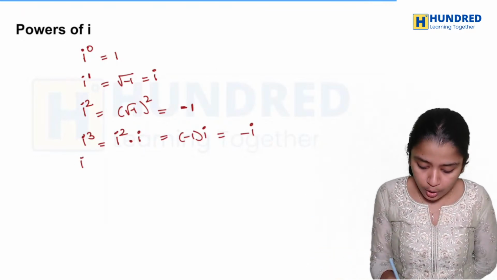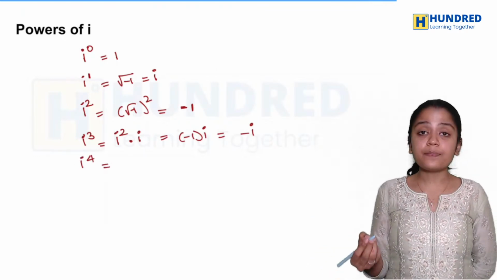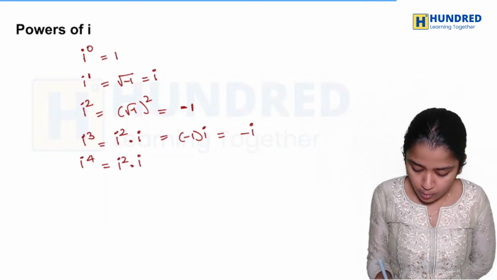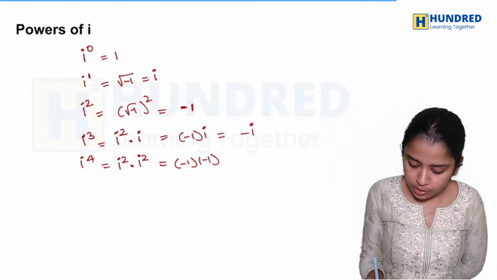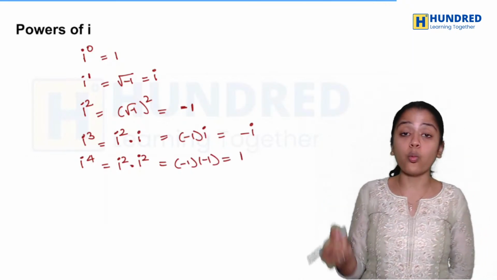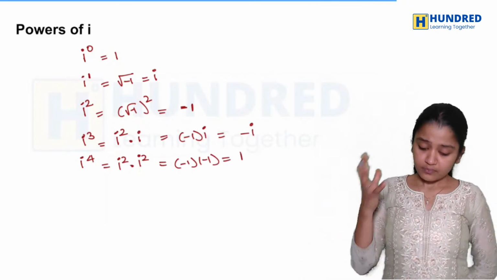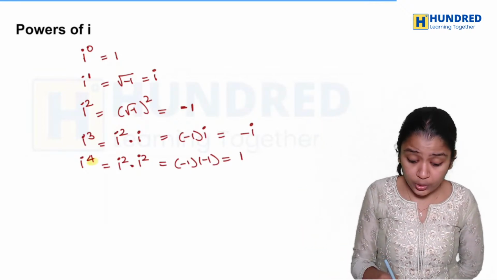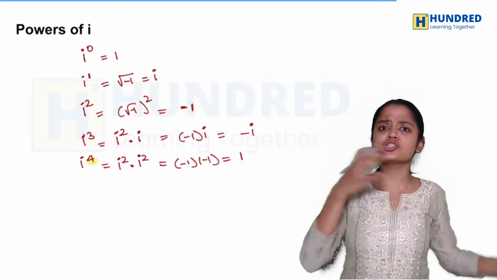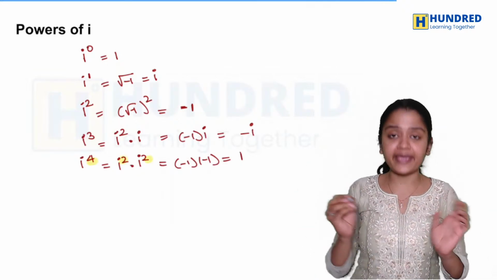What about i power 4? i power 4 is nothing but i square into i square, which is minus 1 into minus 1, which is nothing but 1. You can split 4 as 2 plus 2.